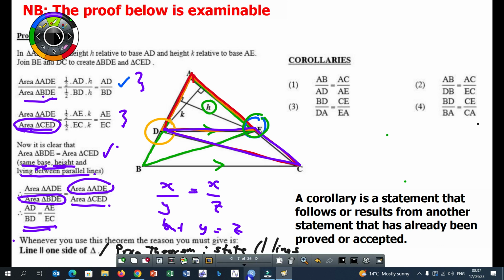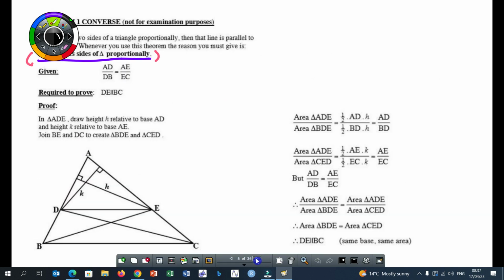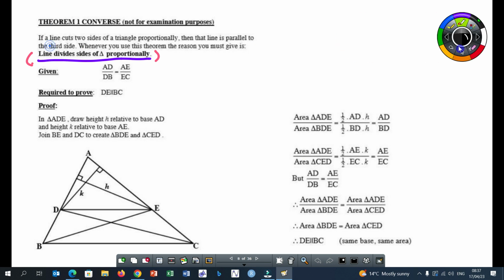Page 10. Now, before I move on, I also need to mention that there is a converse of the proportion theorem. The converse says if a line cuts two sides of a triangle proportionally, then that line is parallel to the third side. The reason for this, just write line divides sides of a triangle proportionally.